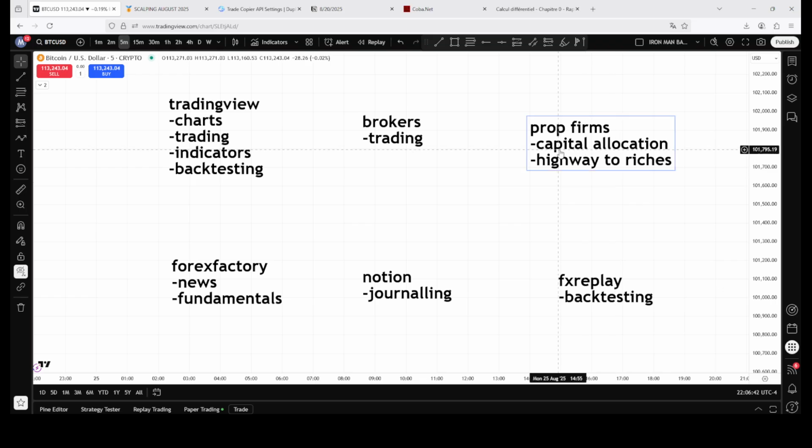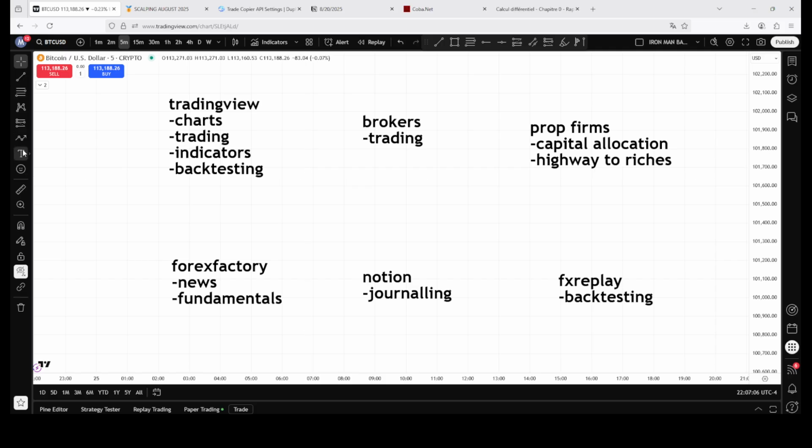Prop firms basically are companies that are going to lend you money to trade with. I'm really summarizing it right now, but in a nutshell, depending on what company and what kind of evaluation or product you buy from them, they're going to sell you maybe an evaluation.